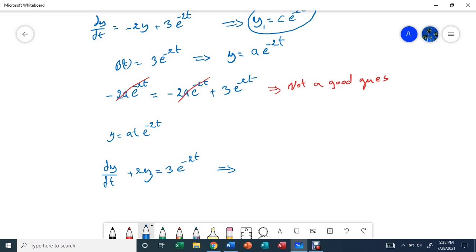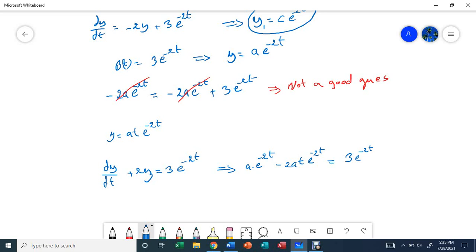The derivative of t, which is 1, times the second function, so A times 1 times e to negative 2t, plus the derivative of the second function, which is negative 2e to negative 2t, so minus 2A t e to negative 2t, equals 3 times e to negative 2t. So now you can solve for A.